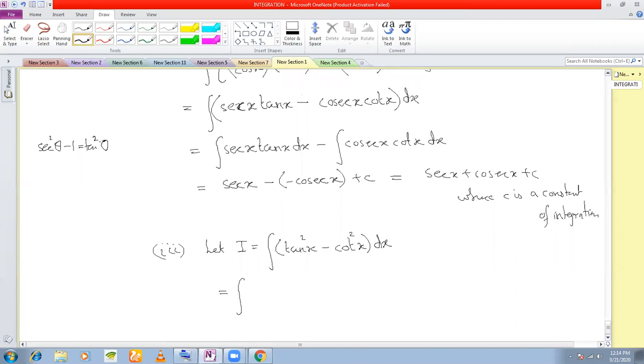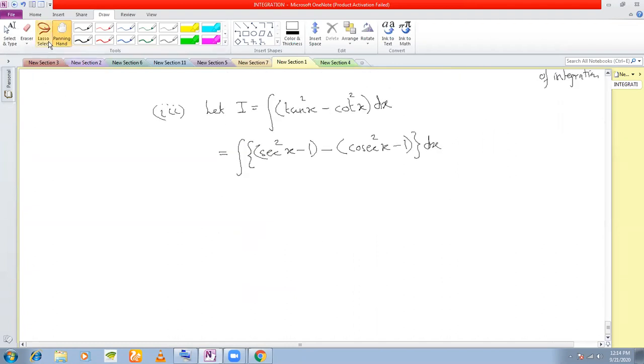And you also know that cosec square theta minus 1 is cot square theta, right? So what you do is, instead of tan square x, you write this as sec square x minus 1. And instead of cot square x, you write this as cosec square x minus 1, entire thing dx.